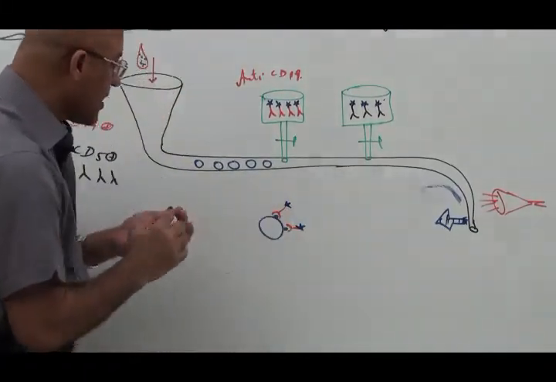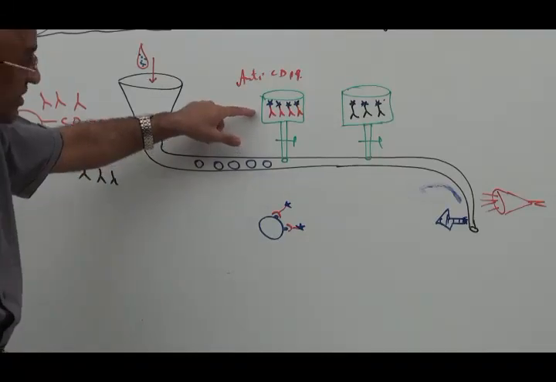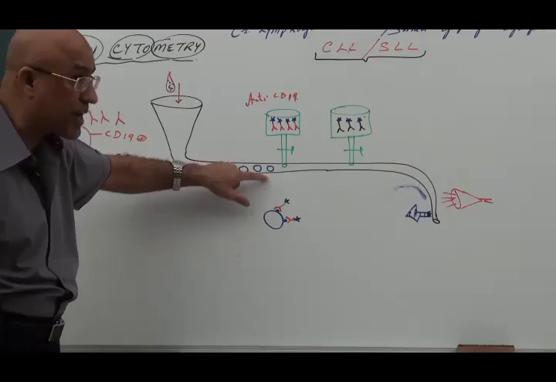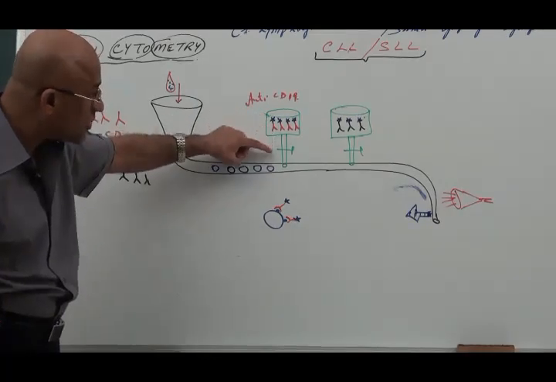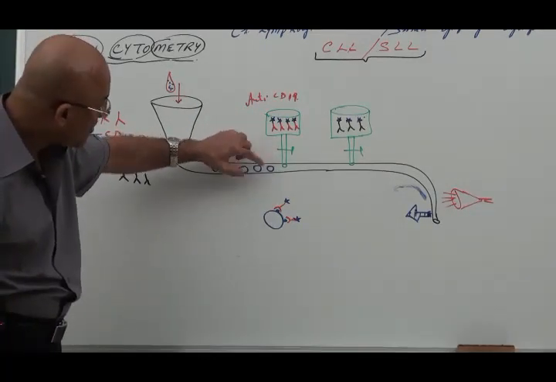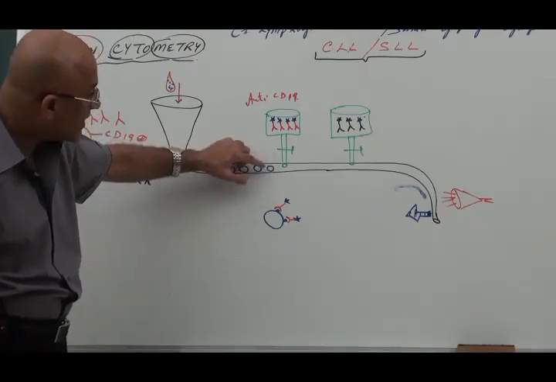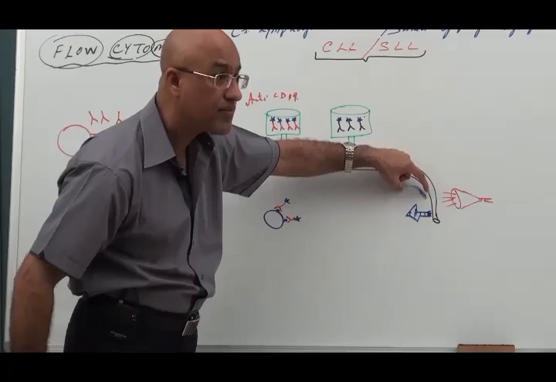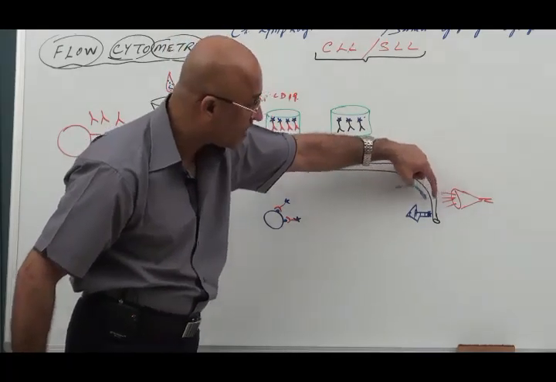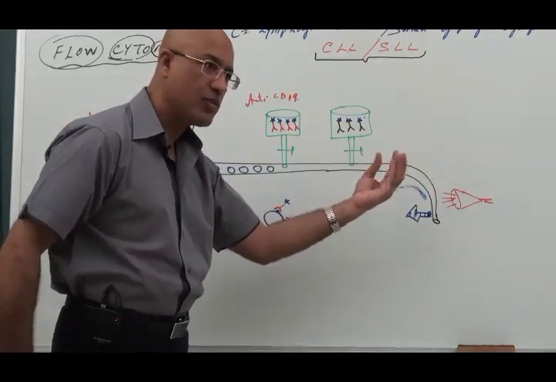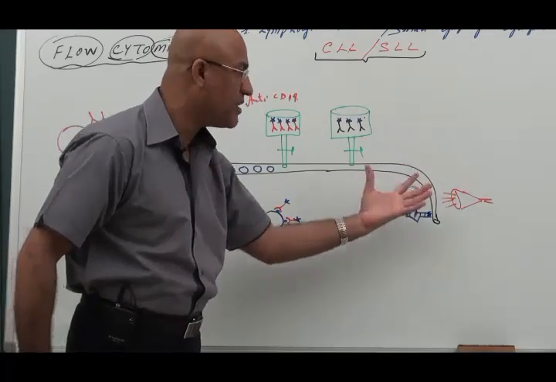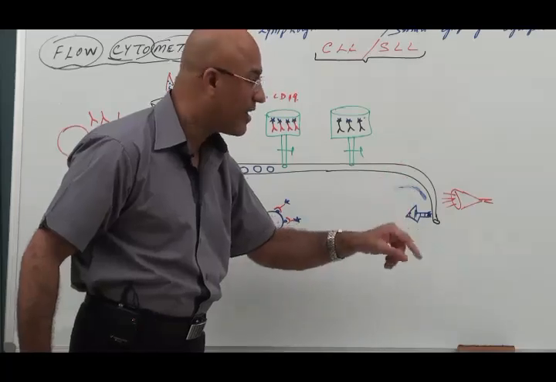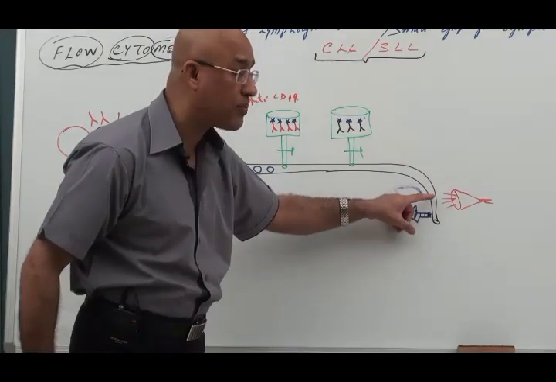When these antibodies meet cells expressing CD19 markers, they will get coated. When they pass further and reach this area and fluorescent light is thrown, this cell will illuminate, and the counter will count how many illuminations occur. So it will tell two things. Number one, whether this is CD19 positive or not.